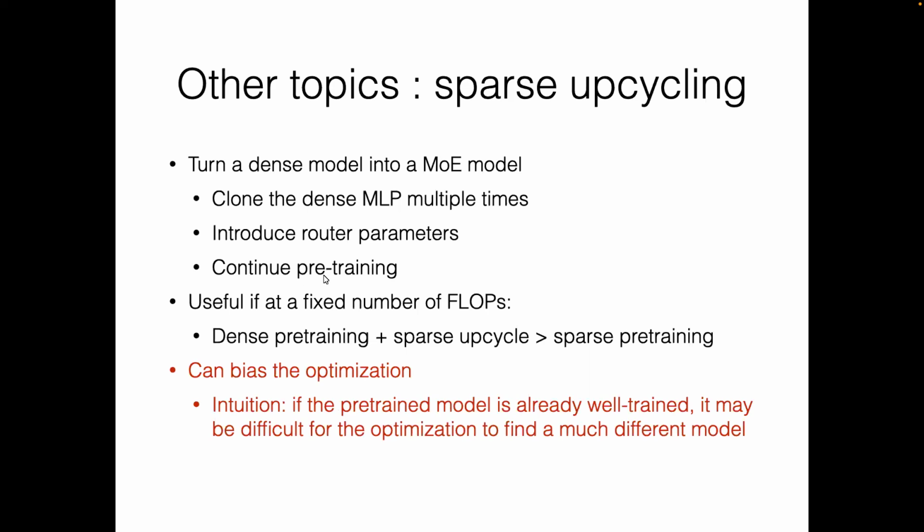It's not going to find all of the possible weight configurations that you could find if you pre-train from scratch. And then another downside is the model's been pre-trained with some hyperparameters, and some of them you're just stuck with. Whereas if you pre-train from scratch, you can maybe find a different configuration that's better, given that you're going to have a mixture of experts model.